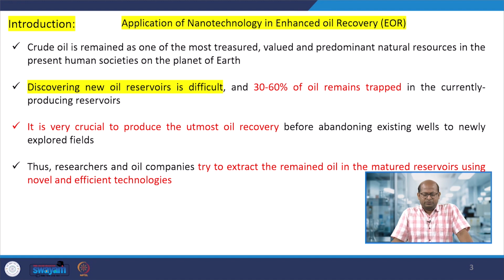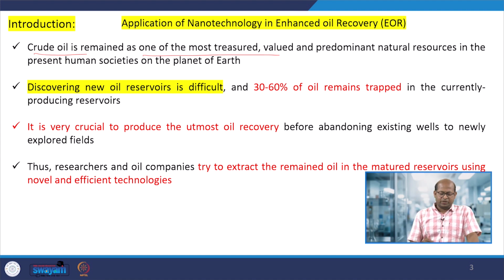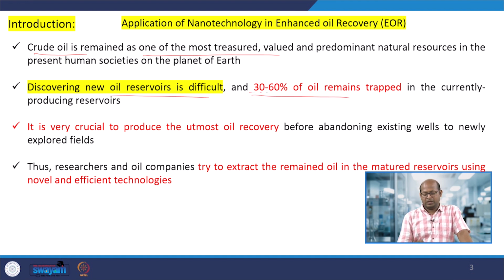Before that, we will discuss crude oil, which is very important from the chemical engineering aspect. Crude oil is one of the most treasured, valued and predominant natural resources of human societies on planet Earth. Discovering oil reservoirs is difficult, and 30 to 60% of the oil remains trapped in the currently producing reservoir.